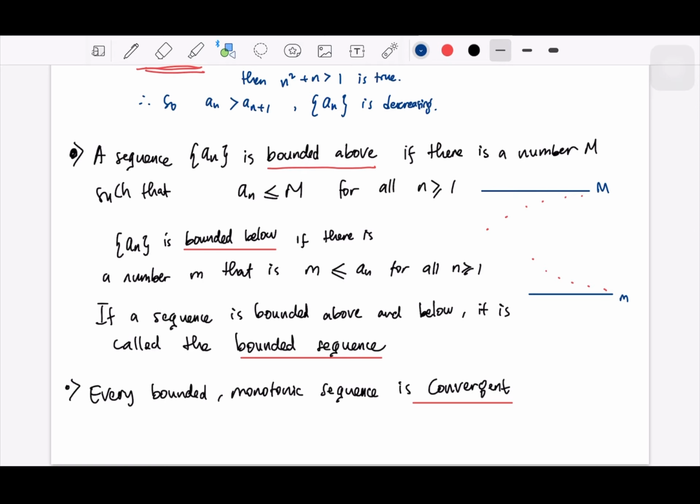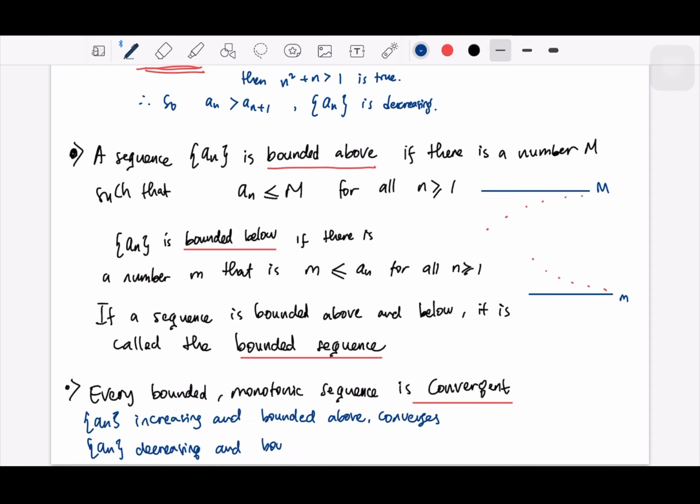Which means that a sequence that is increasing and bounded above, we say it converges, and a sequence that is decreasing and bounded below is also convergent. Okay, and I think we can have a short break.